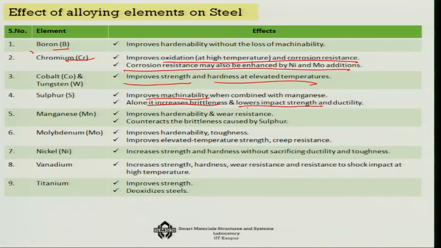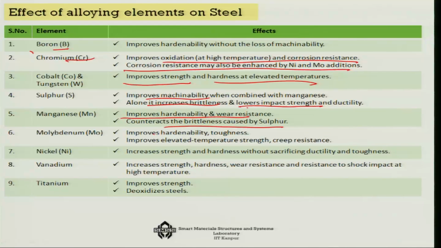In that context, I would also like to tell you that sulfur was one of the most important components in the earlier minerals, the iron ores that are found in India, and that of course gave it an excellent corrosion resistance, both sulfur and phosphorus. Manganese improves hardenability and wear resistance, and it counteracts the brittleness caused by sulfur.